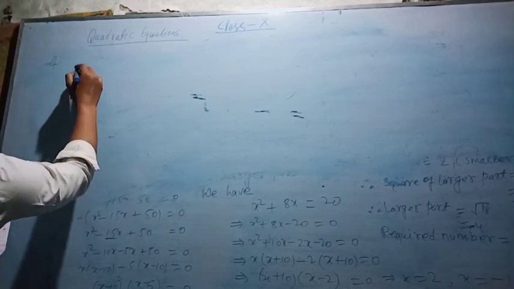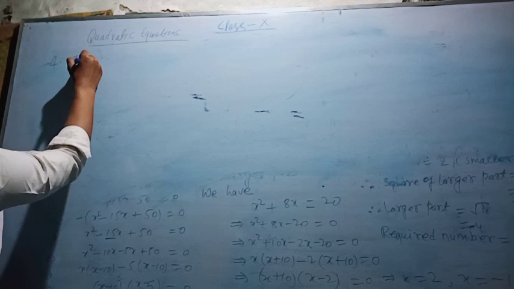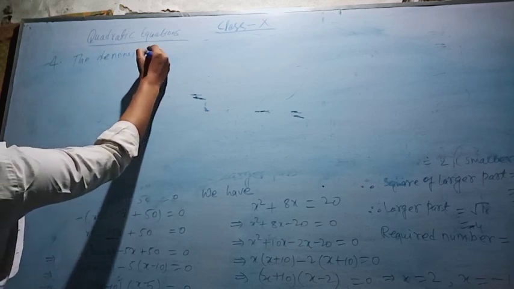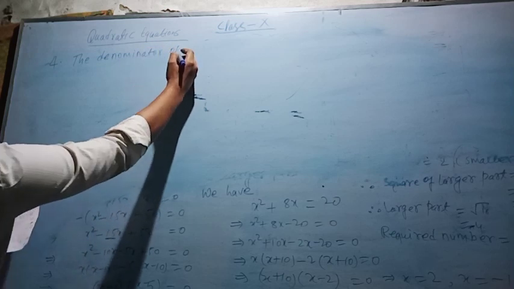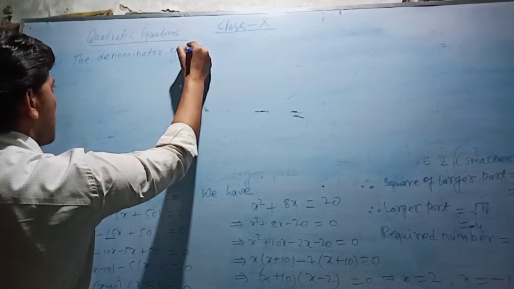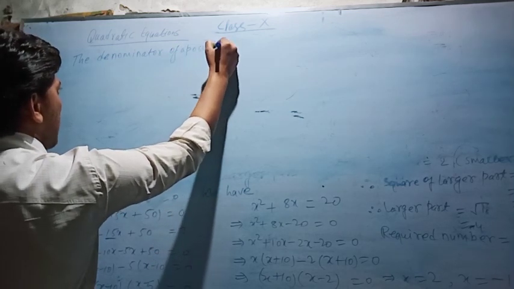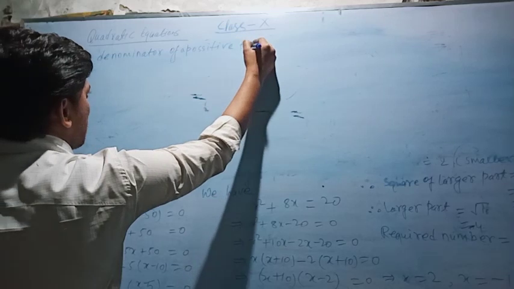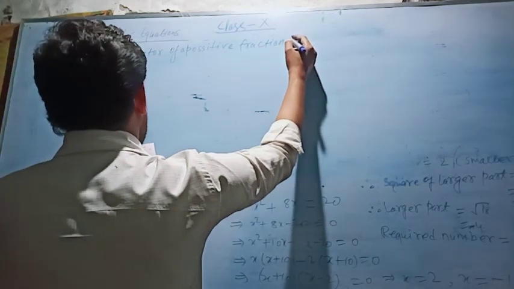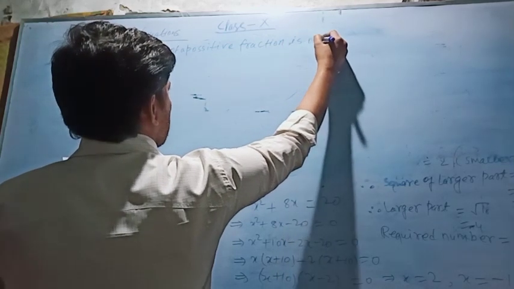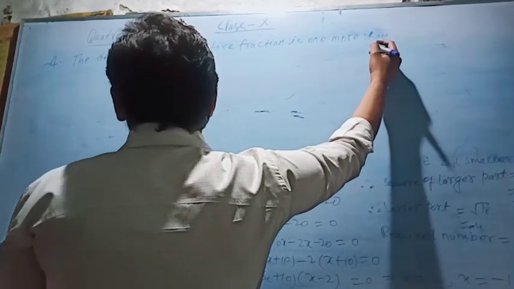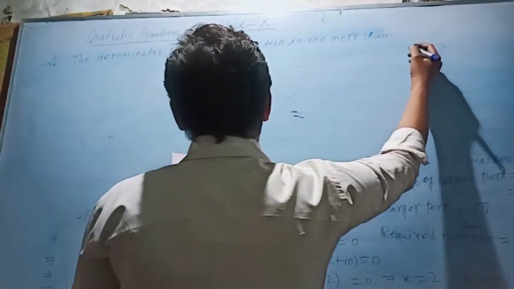The denominator of a positive fraction is one more than twice the numerator.